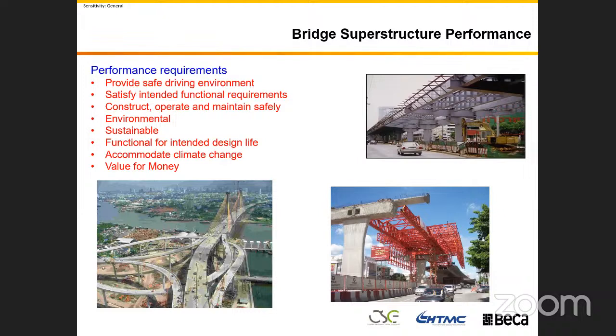So when we constructed Westlink M7 in Sydney, we adopted a novel approach to design and construction of seamless pavements, where the CRCP, continuous reinforced concrete pavement, joins the bridge abutment.